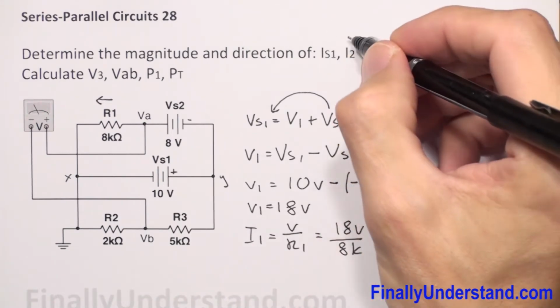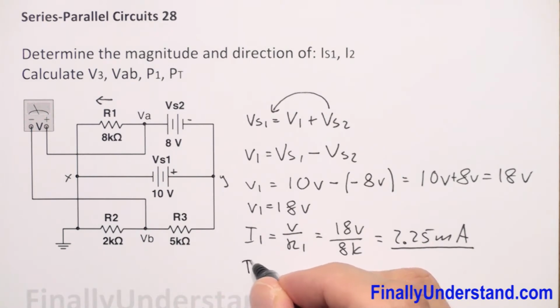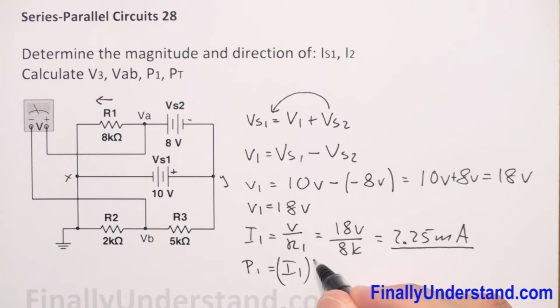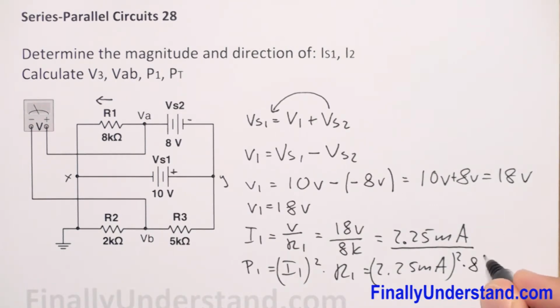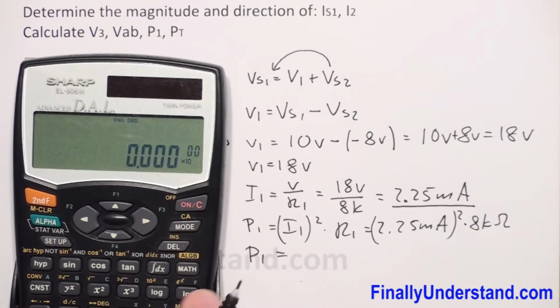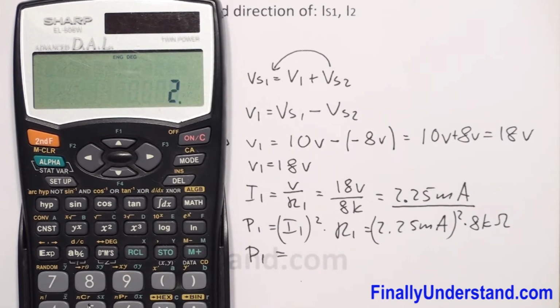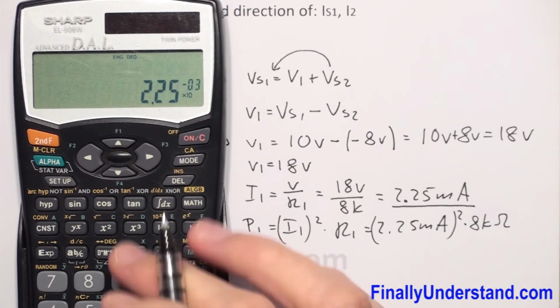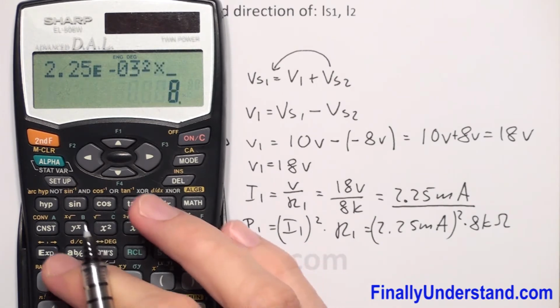P1 is equal to I1 squared times R1, and I1 is equal to 2.25 milliamps to the second power times R1, which is equal to 8 kilo ohms. So P1 is equal to 2.25 times 10 to the negative 3, to the second power, times 8 times 10 to the 3.